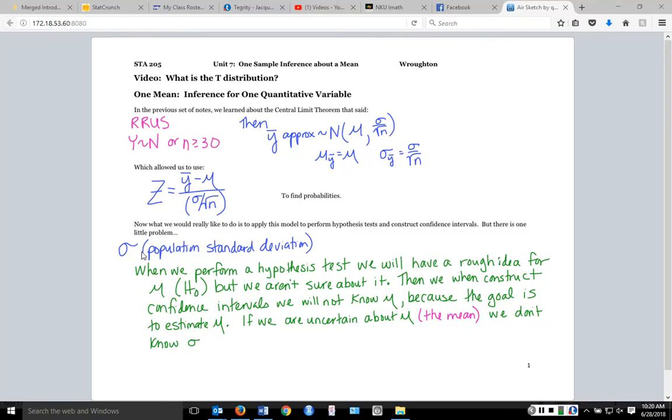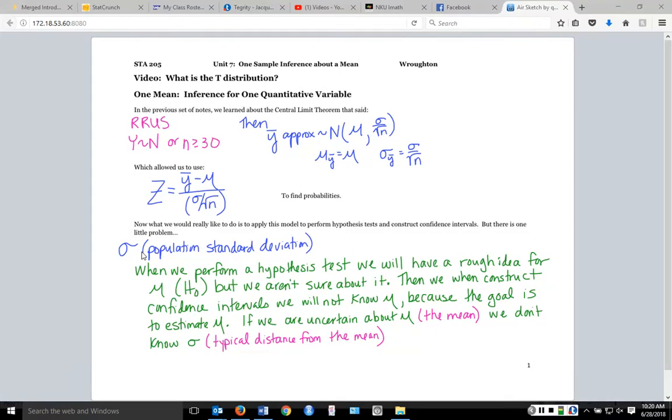Now, why will I not know sigma, our population standard deviation? Well, keep in mind that standard deviation is a measure of like the typical or the average distance from the mean. So if I don't know what number to put in the middle, that mean, I don't know how far to go out from that value.